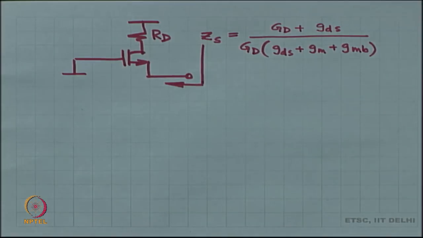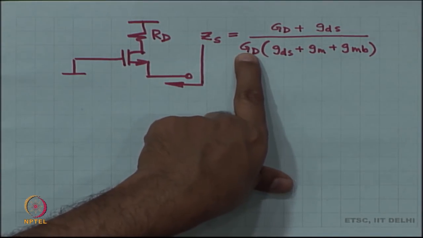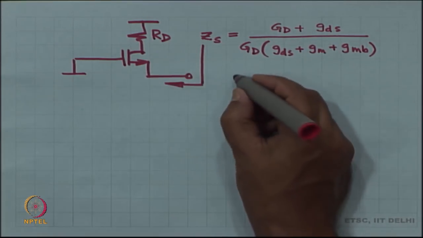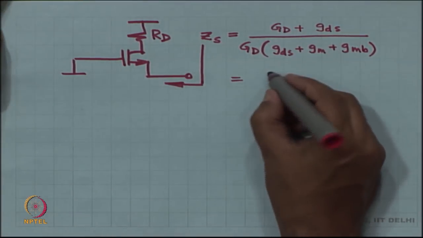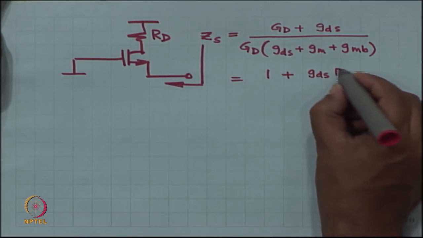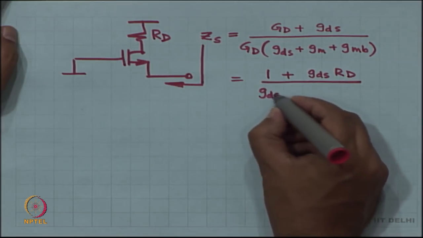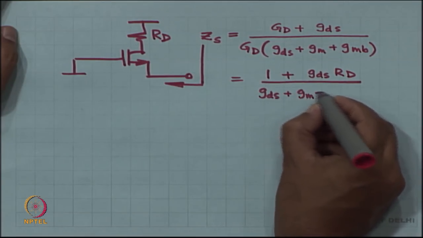And you can rewrite this, you basically multiply with RD numerator and denominator, and what you get is (1 plus gds times RD) divided by (gds plus gm plus gmb).